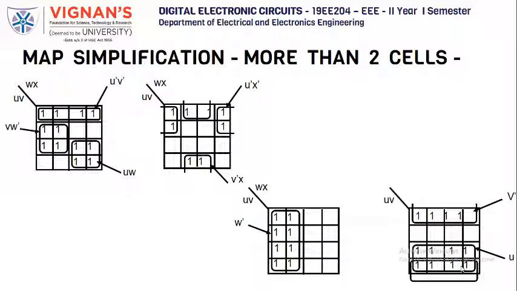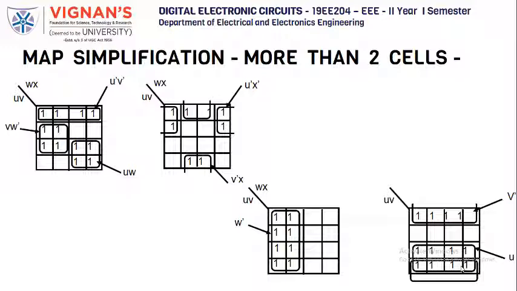That's why those two can also be merged. That is another possibility of merging of the cells in the 4 variable K-map. This type of merging is called folding of the K-map. If we fold the K-map, the corresponding rows or columns will come adjacent to each other. That's why that is also called merging of the cells.